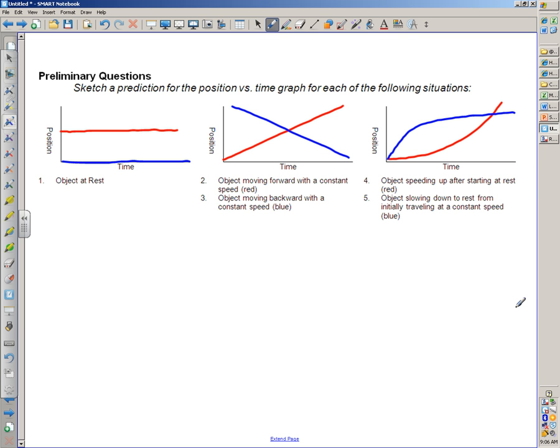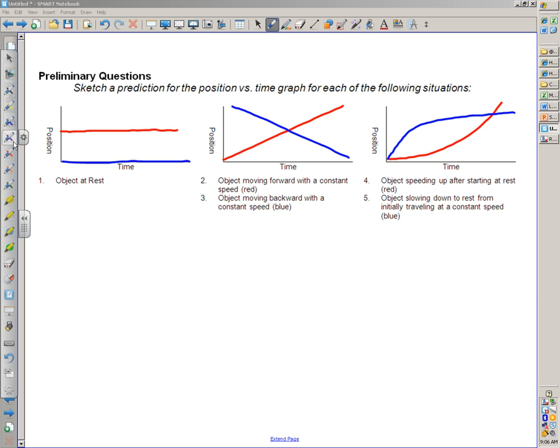At the beginning, how steep is its slope? Pretty steep. But as it goes farther along, what's happening to the steepness of that slope? It's decreasing. That object is slowing down. That is not the only right answer.